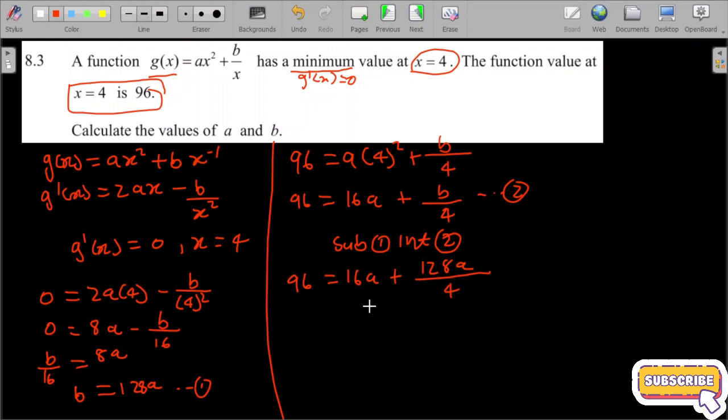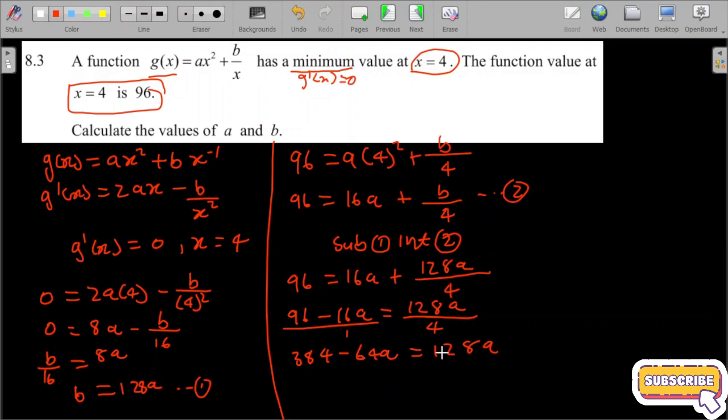Now from here I can take this to the other side, which is 96 minus 16a is equal to 128a all over 4. Now from here I can do the cross multiplication. Remember, all this is over 1, so I can multiply 96 and 16a by this 4. So 96 times 4 is going to give me 384, and then 16 times 4 is going to give me negative 64a, all over 128a.